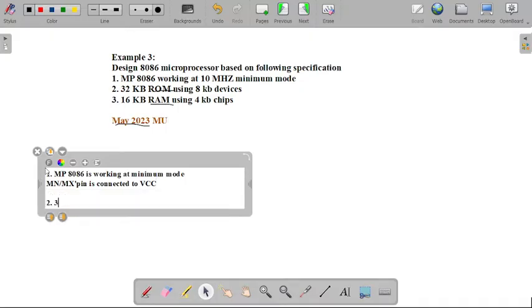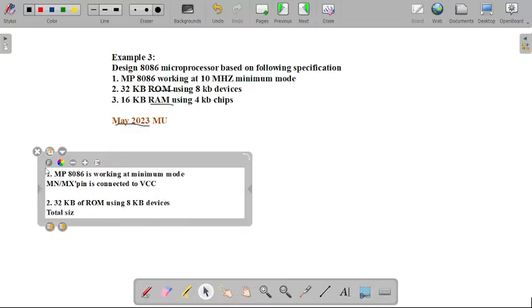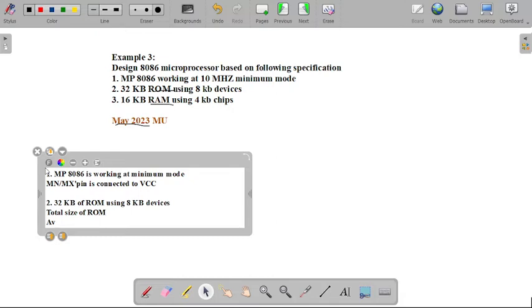And the second one, 32 KB of ROM using 8 KB devices. So depending on the data given, I'm writing here the total size of ROM and available size of ROM. The total size of our ROM is equal to 32 KB and the available size of our ROM is equal to 8 KB.